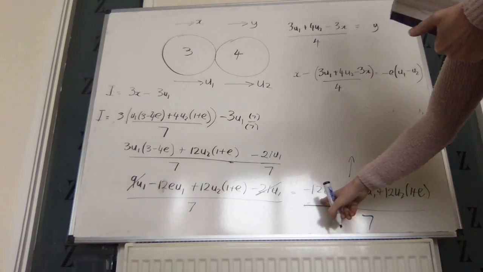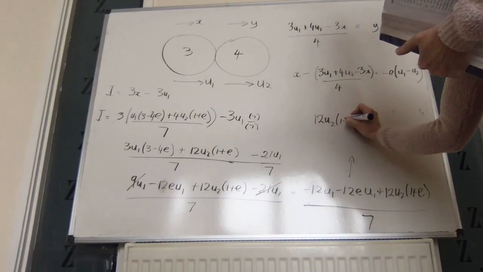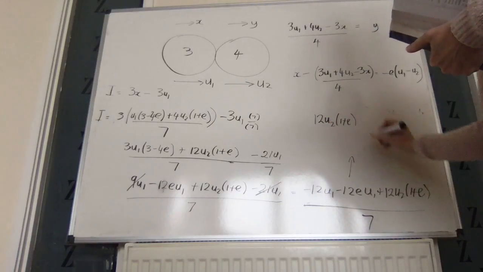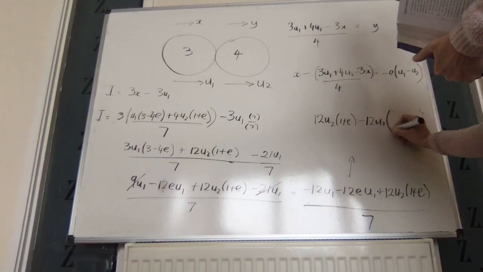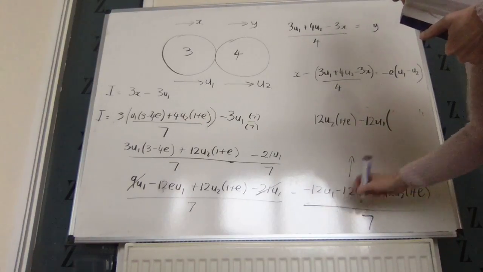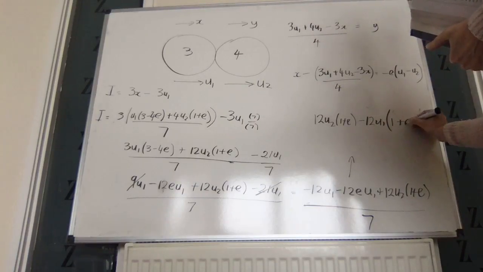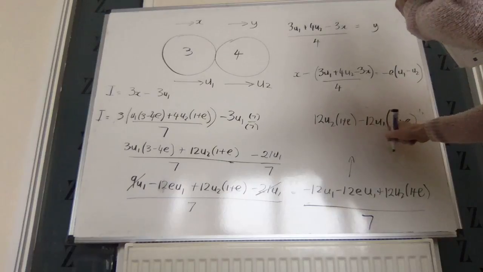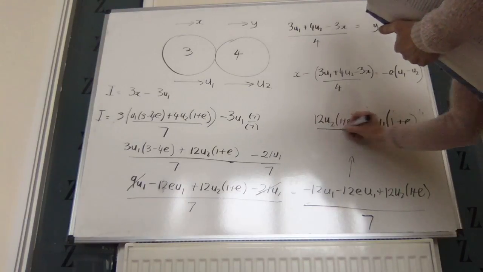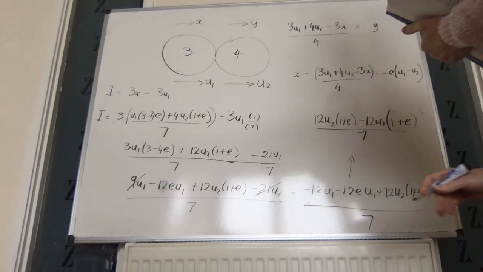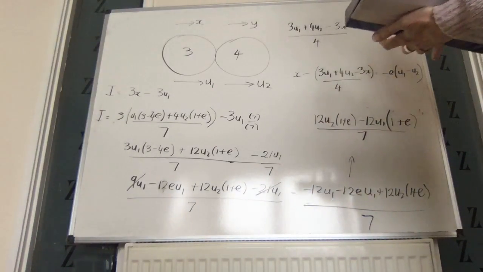Let's put the 12u2 times (1 plus e) first, and then we have a minus 12u1, and we're going to take that out of both of these. So it's minus 12u1 into (1 plus e), is that right? That gives you minus 12u1 minus 12eu1 over 7. And again, now you can factor out the 1 plus e.